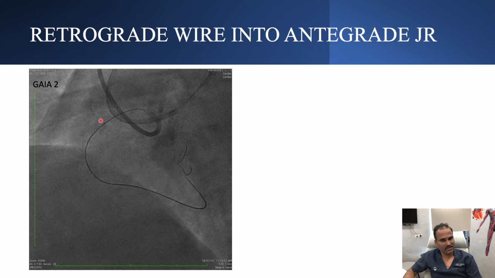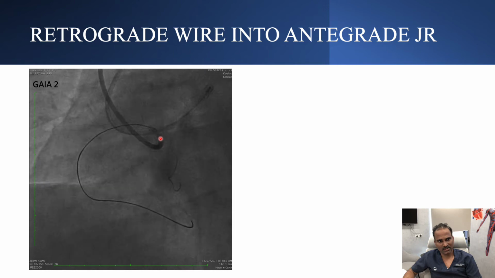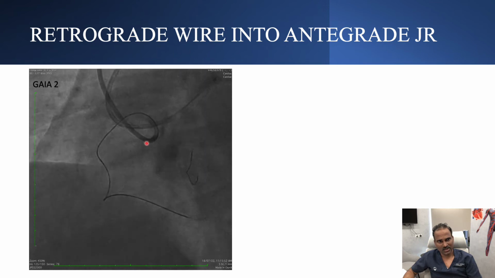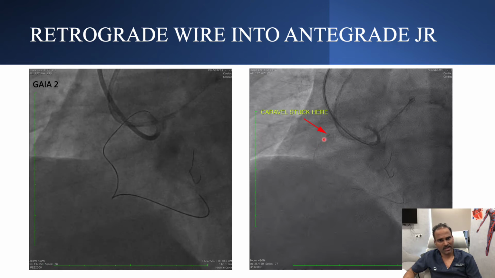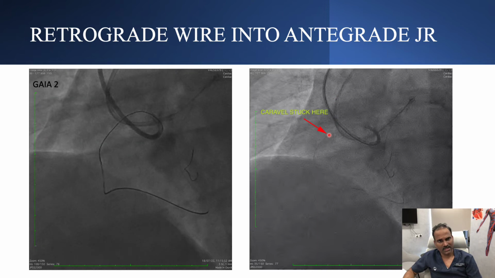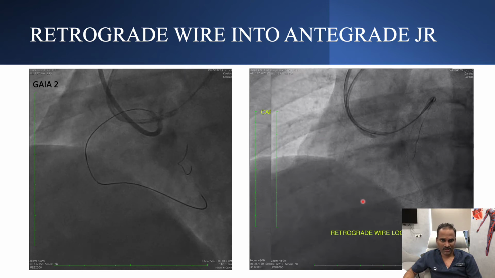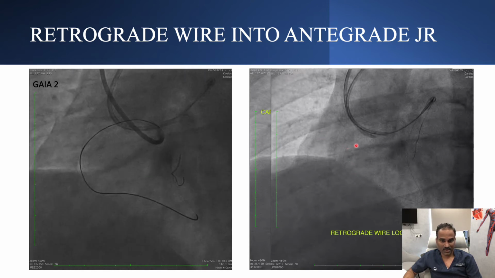You can see here in the process I lost my antegrade wire, which was in the RCA, as well as the microcatheter, so I had to advance Gaia 2 into the JR after Amplatzerization of the JR. You can see here, I'm advancing Gaia 2 into the Amplatzerized JR, so it just entered the JR. But what happened is, after balloon trapping of the retrograde wire in the antegrade guide, we tried advancing Caravel, but Caravel got stuck here, and when we tried further, we exchanged Caravel to Corsair.